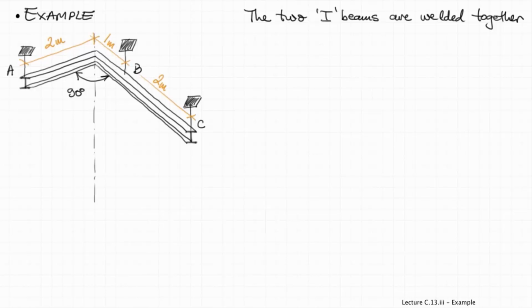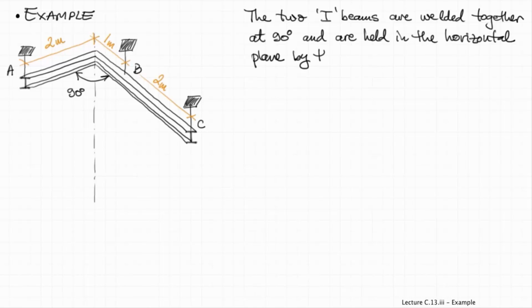These three cables at A, B, and C hold the rigid body, the system, in place such that everything is in the horizontal plane. So A, B, and C and the two beams are horizontal.